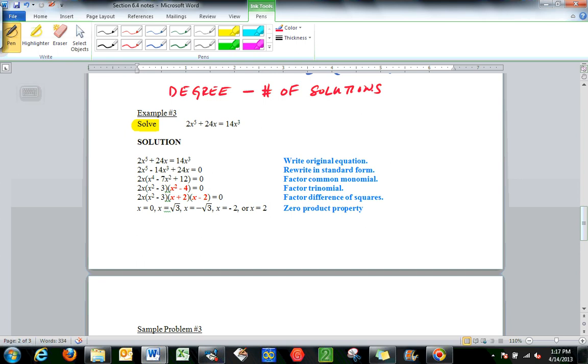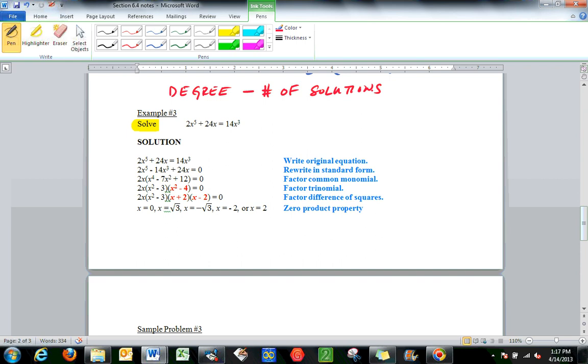So we're going to be looking to write our polynomial in standard form first, and once we have done that, we can identify the degree of the polynomial, and that way it'll give us an idea of how many solutions we should be looking for.